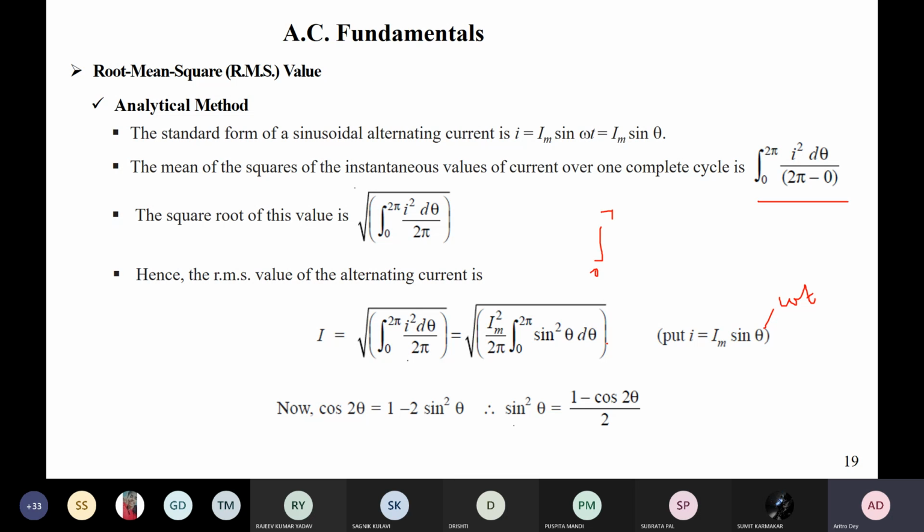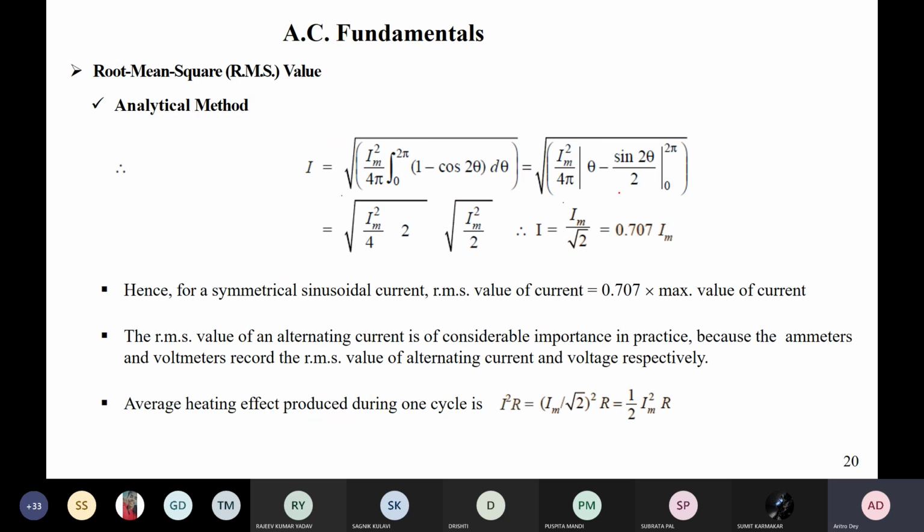So that is also acceptable. Then you can replace sine square theta by (1 minus cos 2 theta) by 2. And then if you integrate and operate the limits, you will get that I comes out to be this. So this you should always remember.